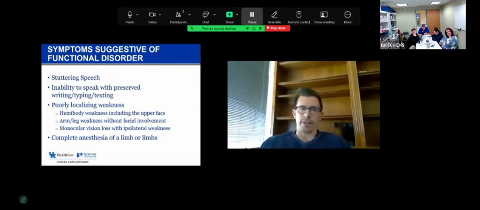Weakness of the arm and leg without facial weakness or weakness that involves the upper face and the lower face, or loss of vision in the same eye as the limbs that are weak. Those things all don't localize well to a vascular territory, and so they typically don't represent stroke, although, again, that's not a hard and fast rule.